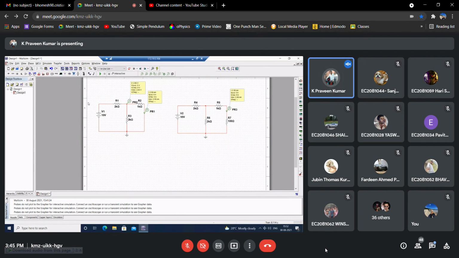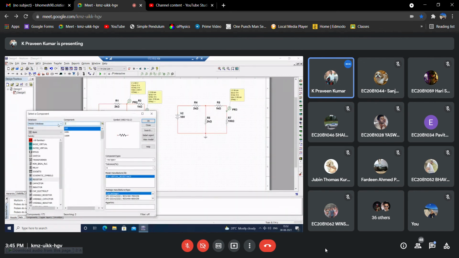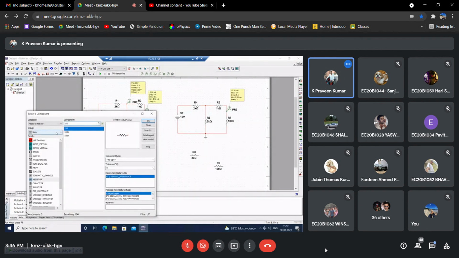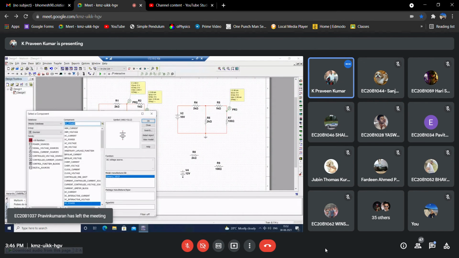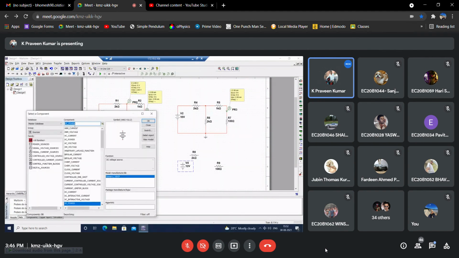I will stop my simulation, then take the resistance of 2 kilo ohm for RTH, then a load resistance of 100 ohm, then a DC power source, and again we need to have ground.